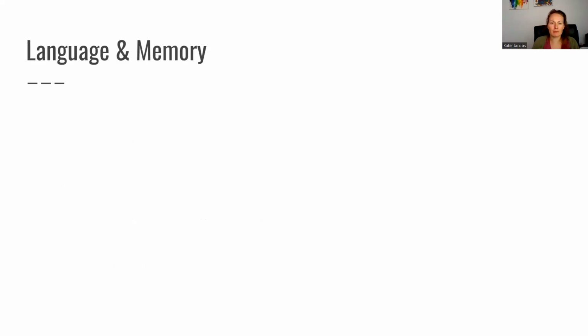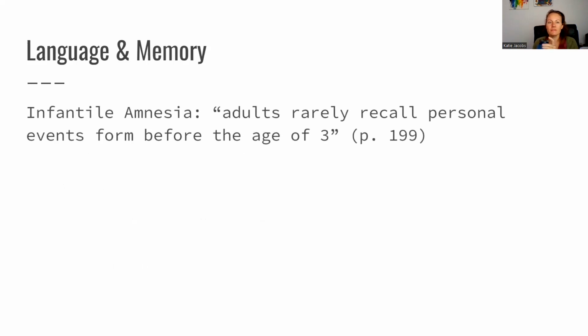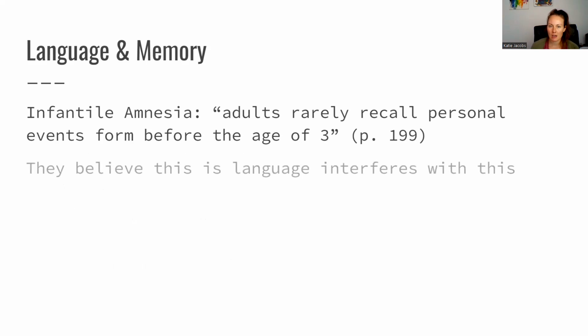So we also have language and memory. So infantile amnesia. Adults actually rarely recall personal events from before the age of 3. And they think that's because the development of language interferes with our ability to recall information.